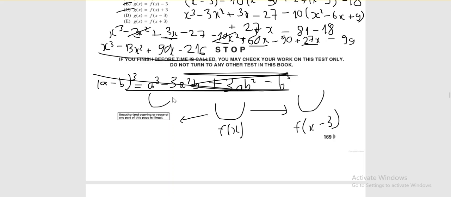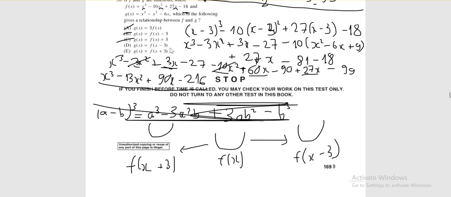Each value of x will be subtracted by 3, so the function will be shifted to the right. I mean, just imagine the function shifting to the right. And f of x plus 3 will be shifted to the left 3 units.